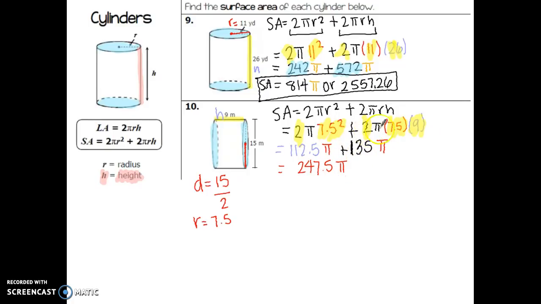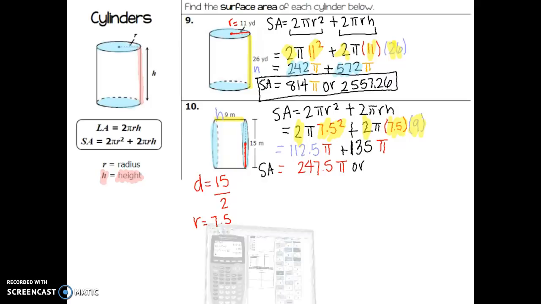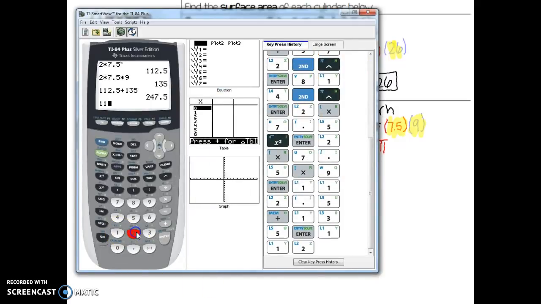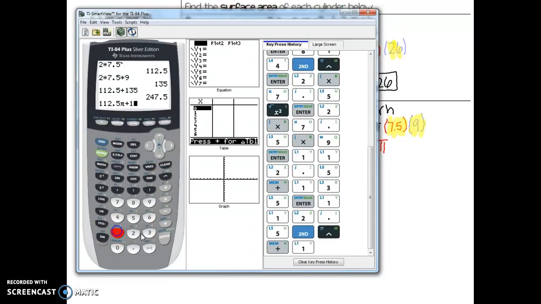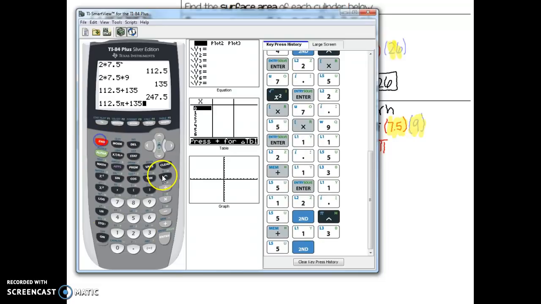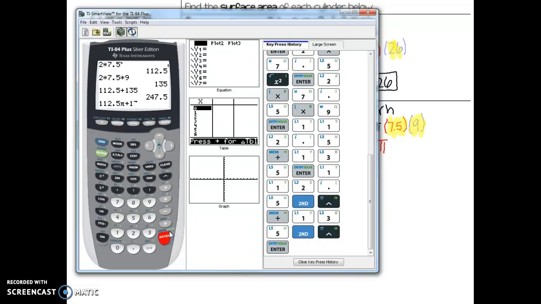But if you want a decimal, all we have to do there is say 112.5 pi plus that other one, 135 pi. Click enter.